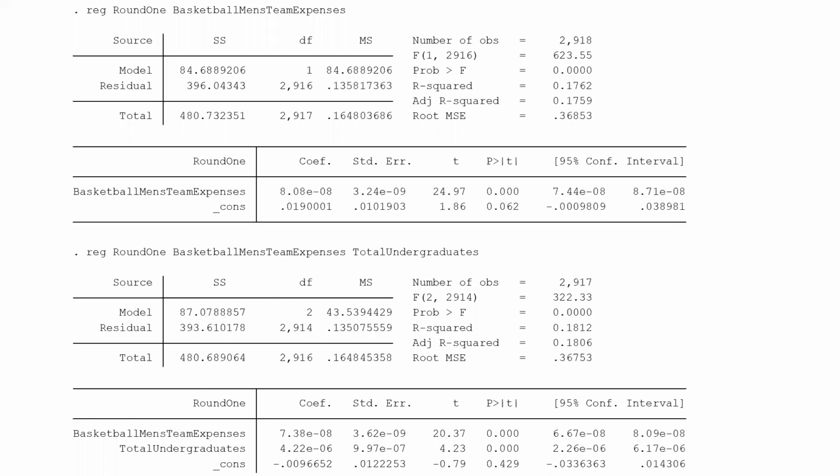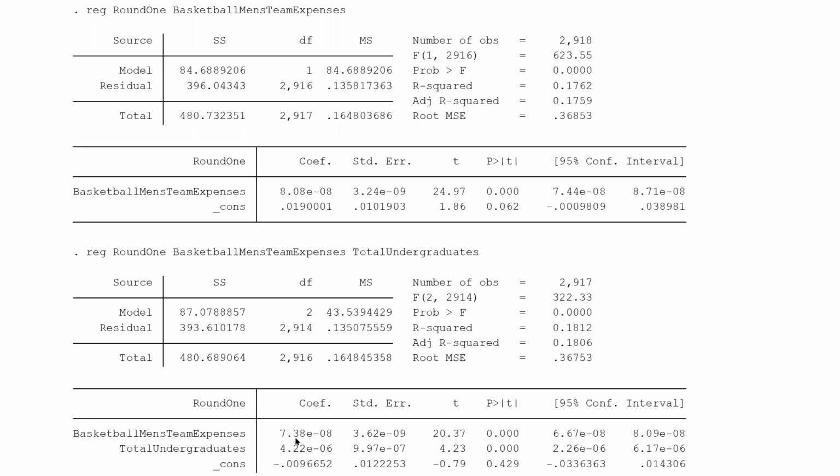All right. So I then include the number of undergraduates to try to kind of control for the size of the university. Now I notice that does change my coefficient a little bit. It's gotten smaller, but it's still very significant, right? So what if I wanted to interpret this coefficient now? Well, now it'll be the effect of spending $1 more on my basketball program.